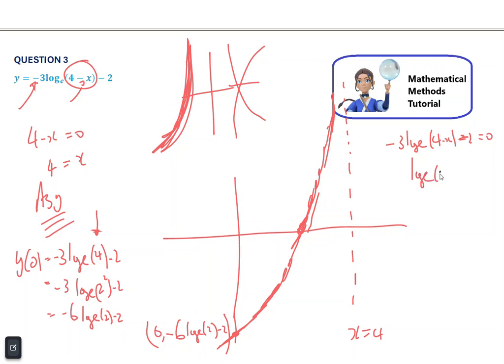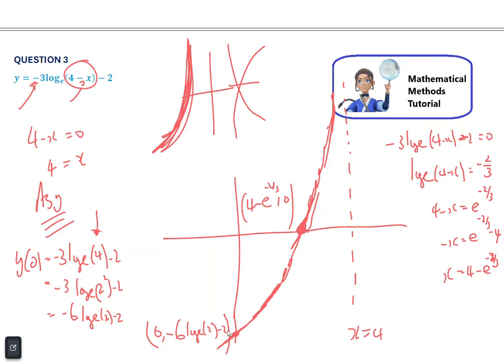So log base e of 4 minus x equals negative 2/3, and that 4 minus x equals e to the negative 2/3, and negative x equals e to the negative 2/3 minus 4, which means x equals 4 minus e to the negative 2/3. So I'm going to put that there and say 4 minus e to the negative 2/3 and 0.